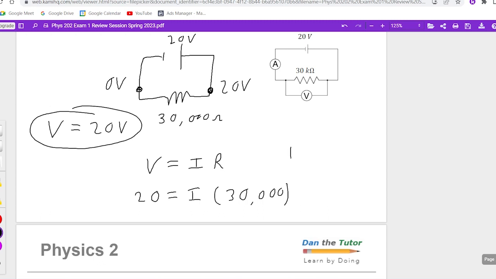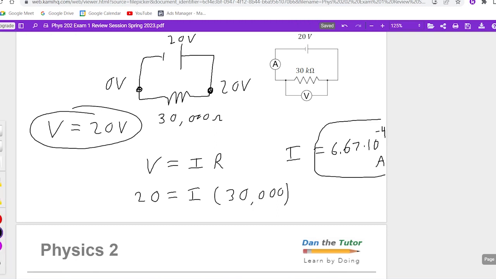We're going to get a current of 6.67 times 10 to the minus fourth power, and the units for that is amps. And there's our voltage and there's our current values.